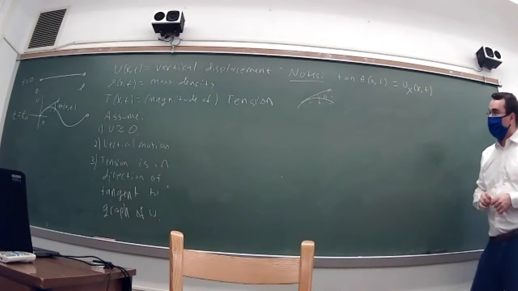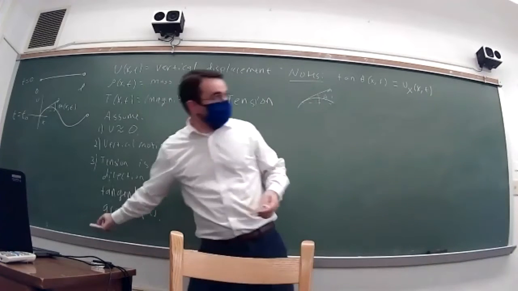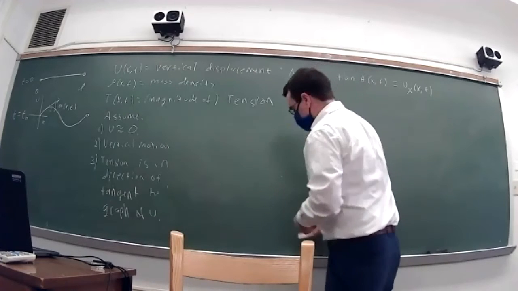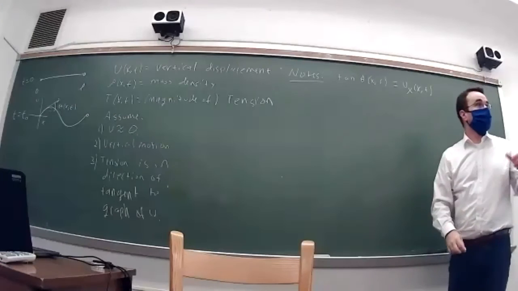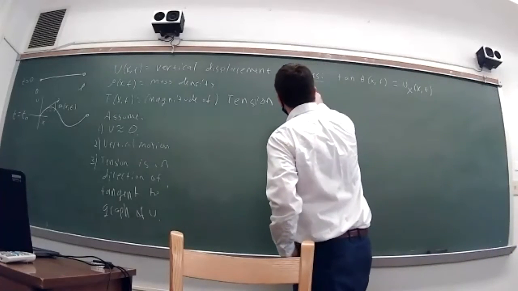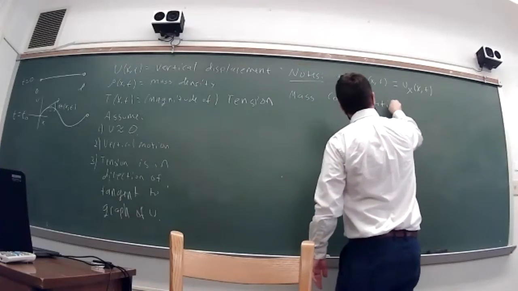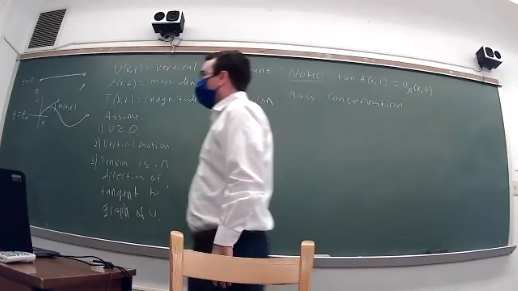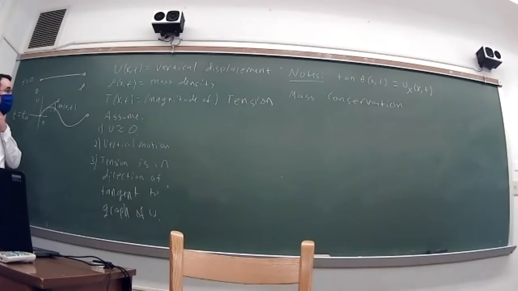Okay. And I'm going to derive this equation using two principles, F equals ma, but also the conservation of mass. So what is mass conservation going to say in this context?